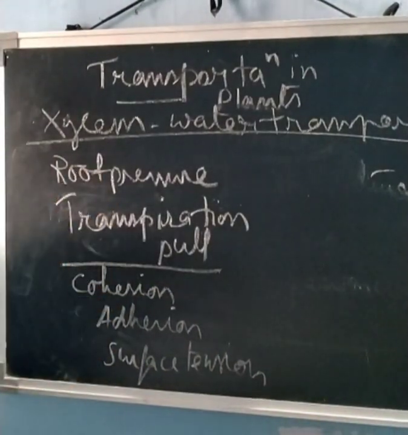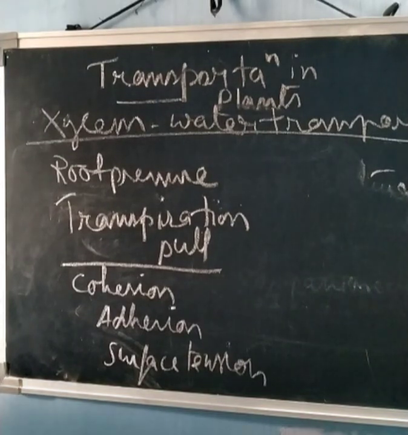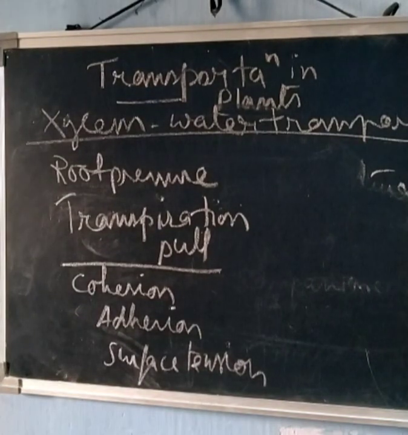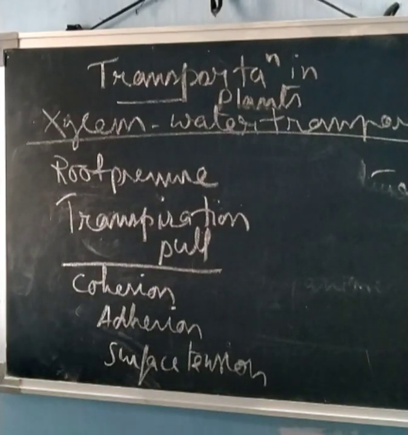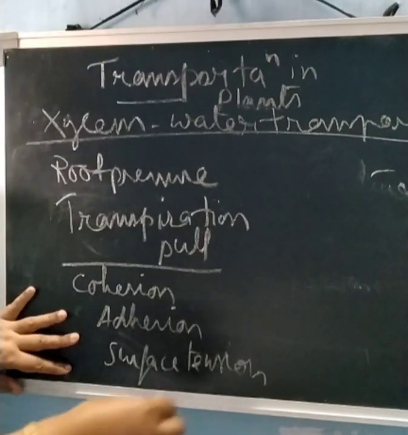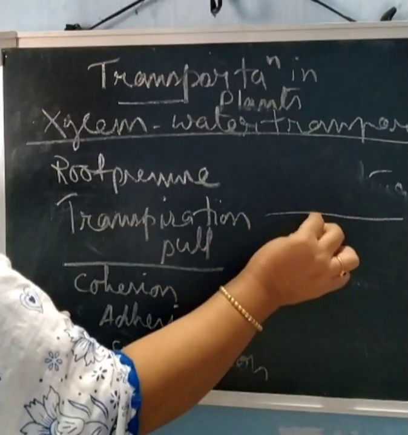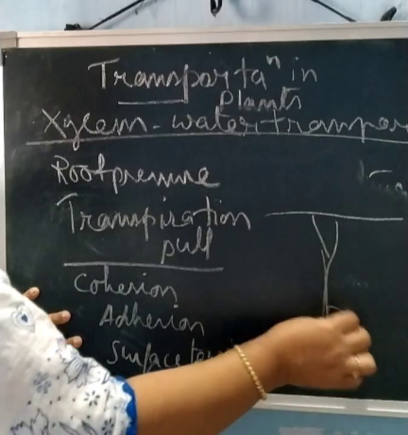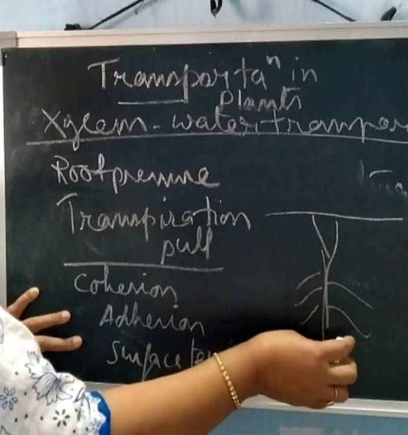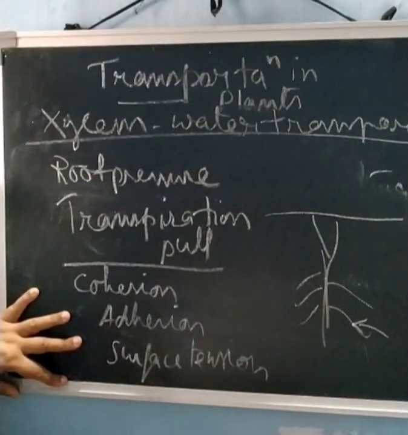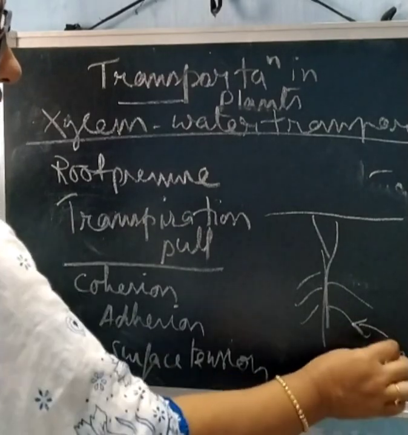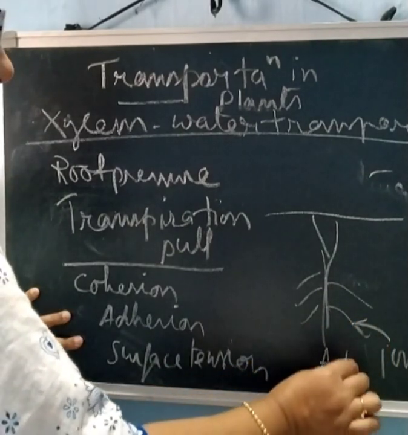Now what is root pressure? First you have to understand. Root pressure is created in the cells when there is absorption of mineral ions. So if this is the soil, and then there is the root, and these are the root hairs, first there is absorption of ions, and this absorption of ions occurs by active transport.